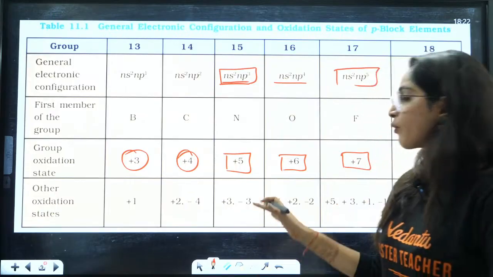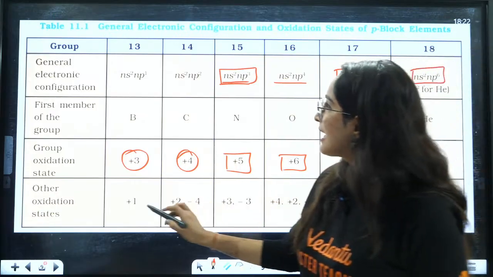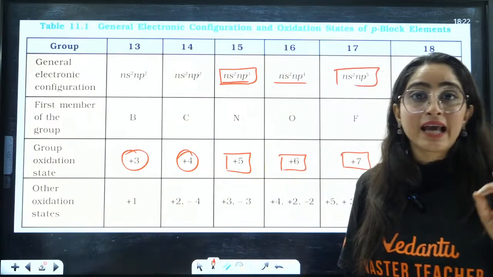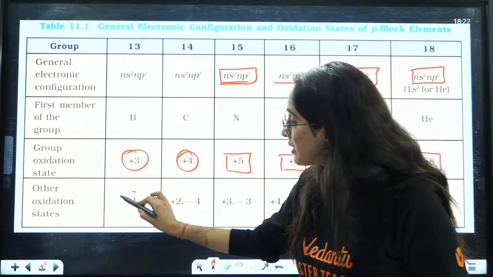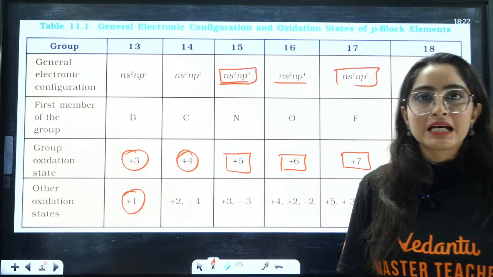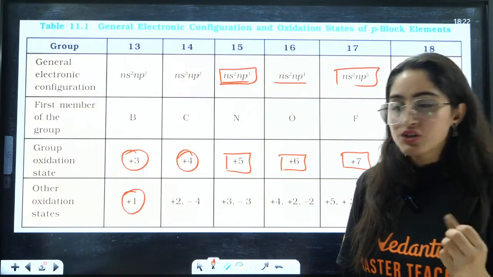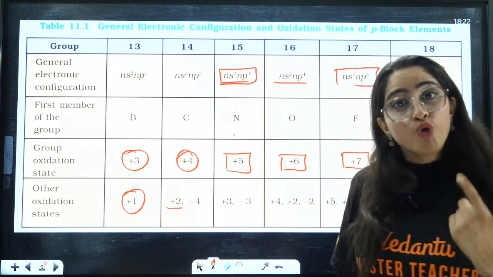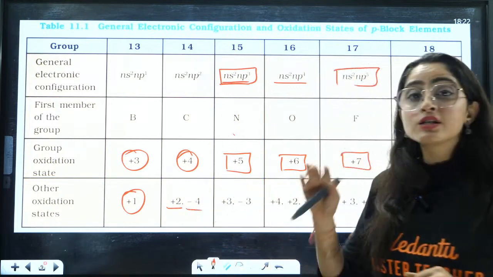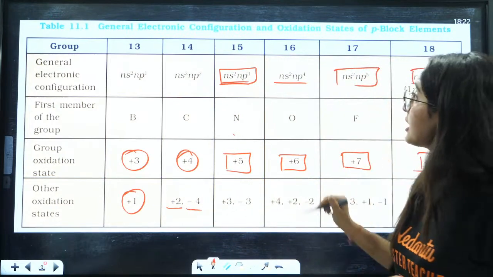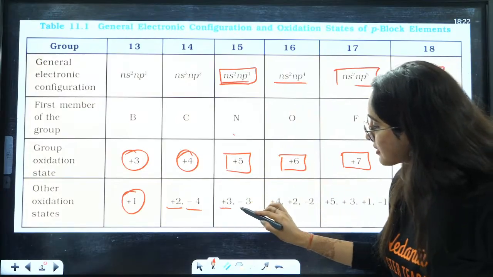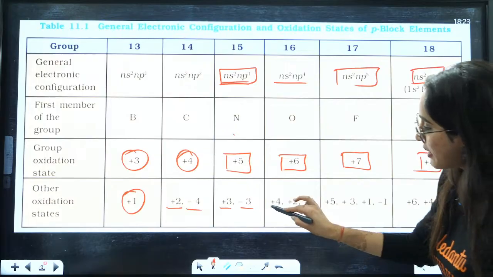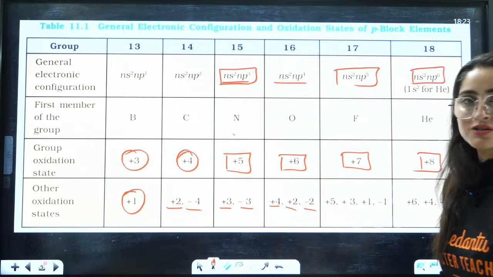Now we are talking about the group oxidation state. But in reality, what will happen? In reality, for group number 13, another oxidation state that can occur is +1 also, right? It can also have +1 oxidation state. If you talk about group number 14, it can also have +2 oxidation state or -4 oxidation state, right? Group number 15 can have +3 and -3 oxidation state. Group number 16 can have +4, +2, -2 oxidation state.